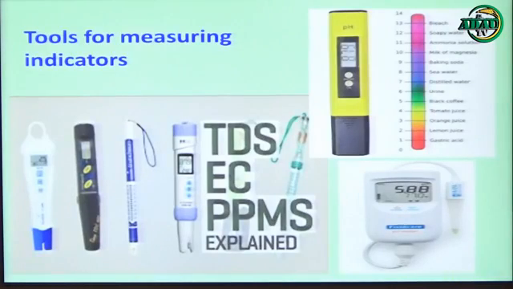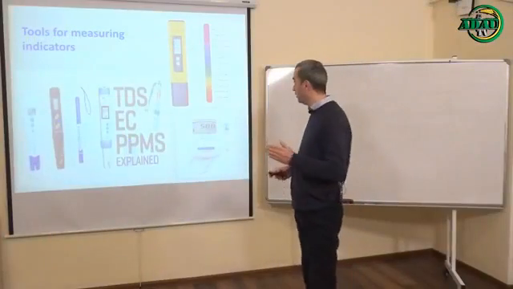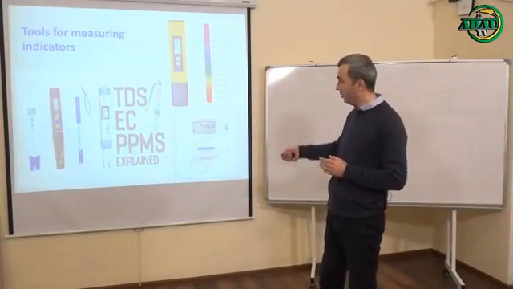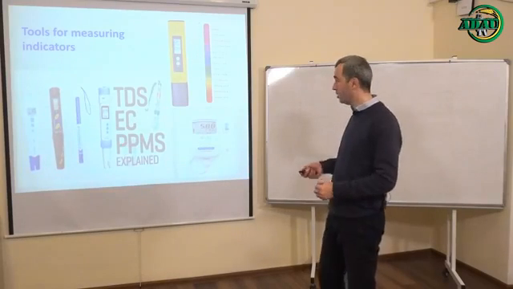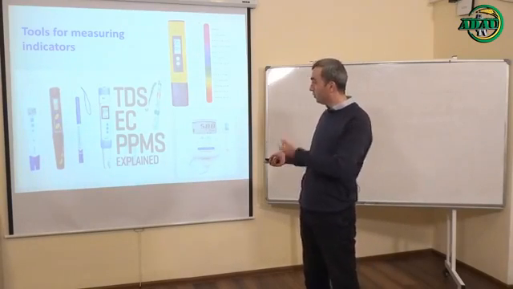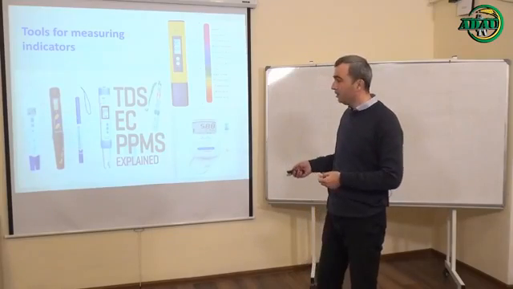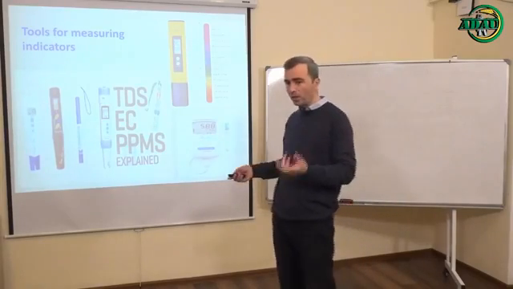The EC and pH differ, pH is not changing so much, but the EC requirement changes a lot during the vegetation period at different stages of development. So this is the equipment that I was telling you about, and I have already demonstrated to you different kinds of equipment for measuring these indicators.